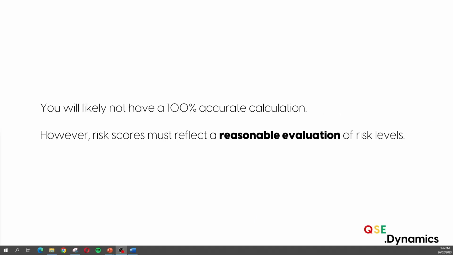And before we have a look at a few risk matrix examples, do keep in mind you will not likely have a 100% accurate calculation all the time. We must make sure that our risk scores reflect essentially a reasonable evaluation. So what is a reasonable evaluation? Well, we take all the data that we can find on the hazard.